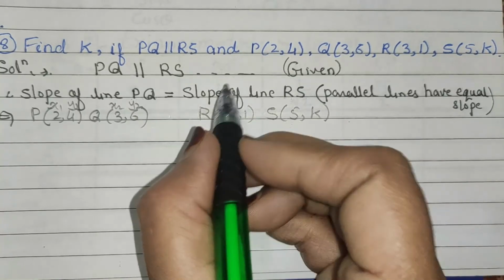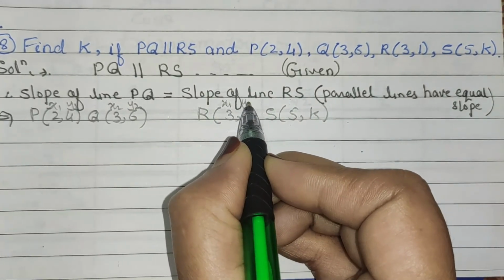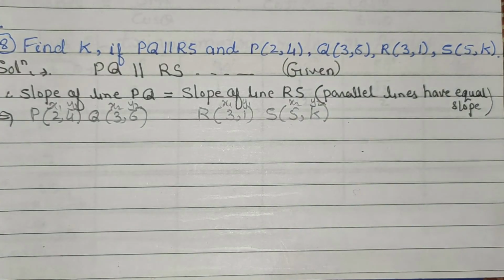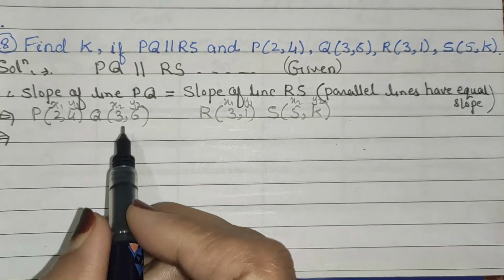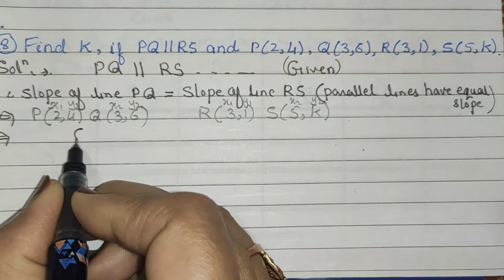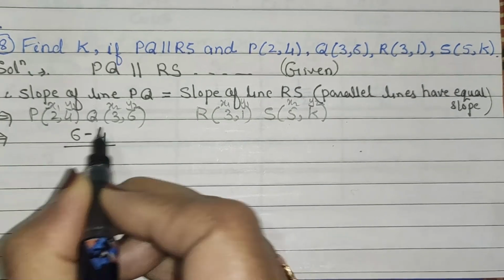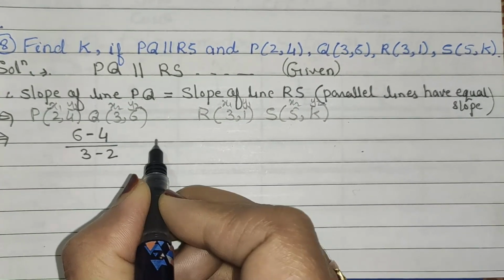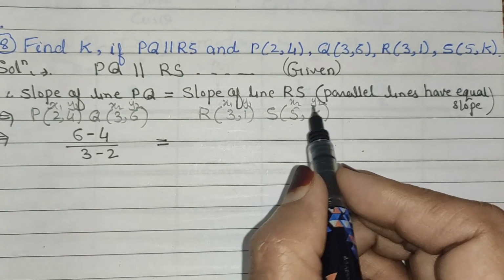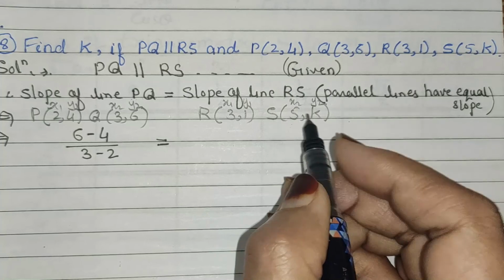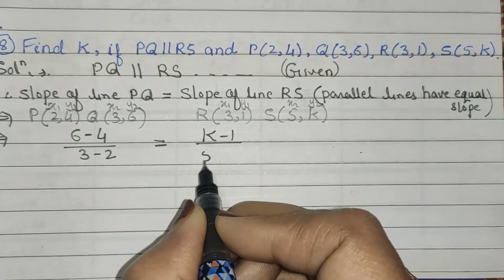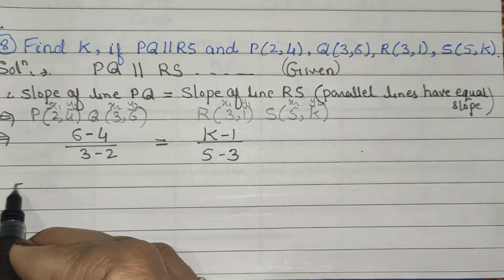Therefore, applying the formula y2 minus y1 upon x2 minus x1, we get 6 minus 4 upon 3 minus 2, which is equal to k minus 1 upon 5 minus 3. Solve it.